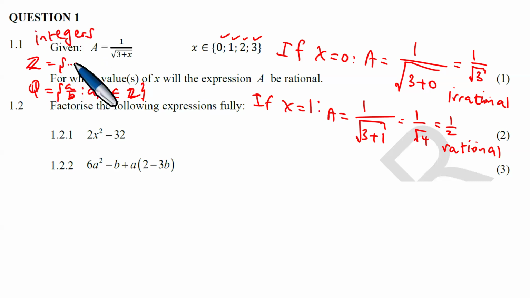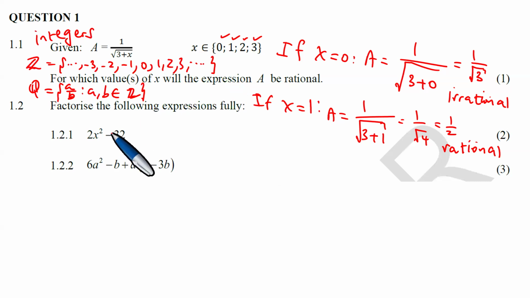What are integers? Integers are counting numbers with 0 and the negatives.